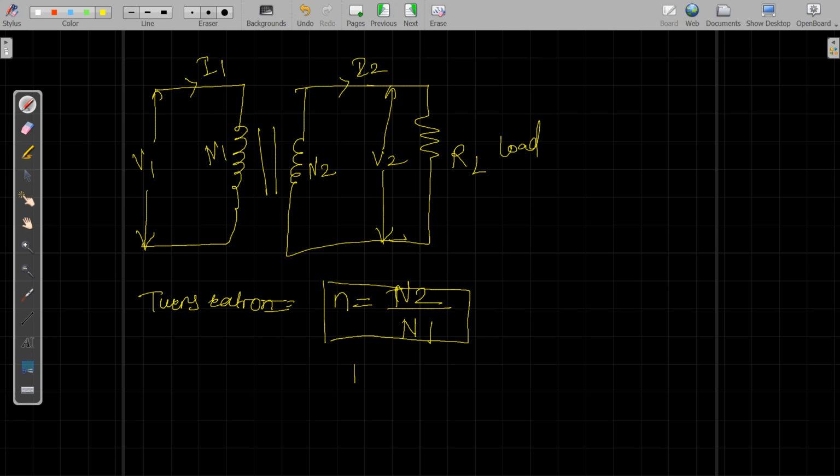Sometimes it is also shown like N2 by N1 is to 1, or N1 by N2 is to 1. This is your transformer ratio.